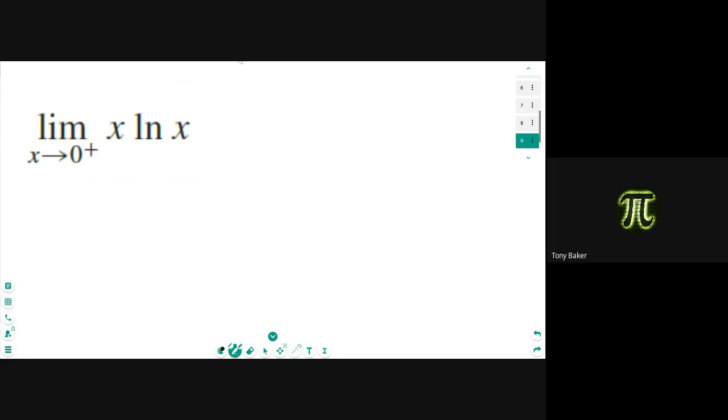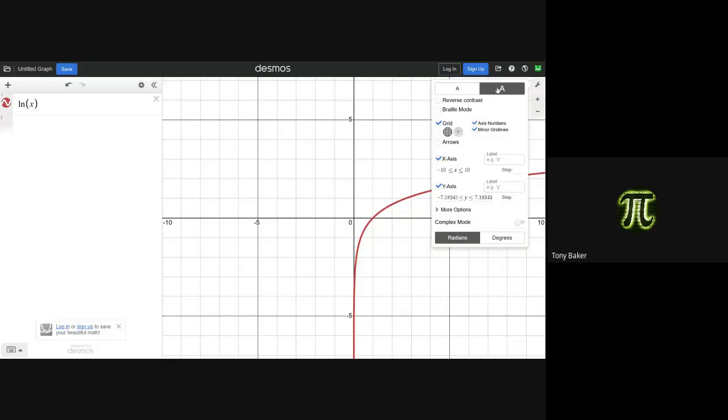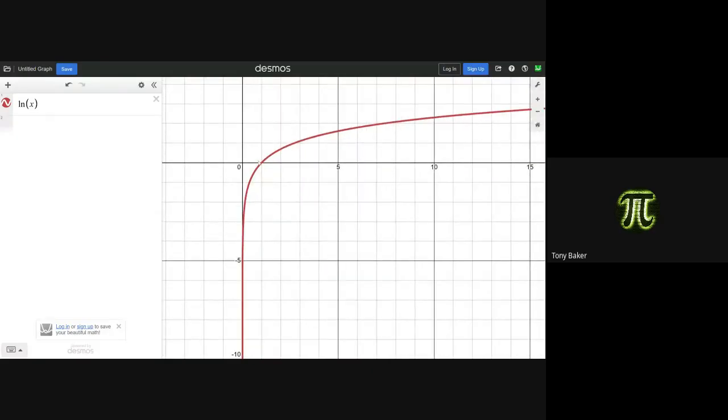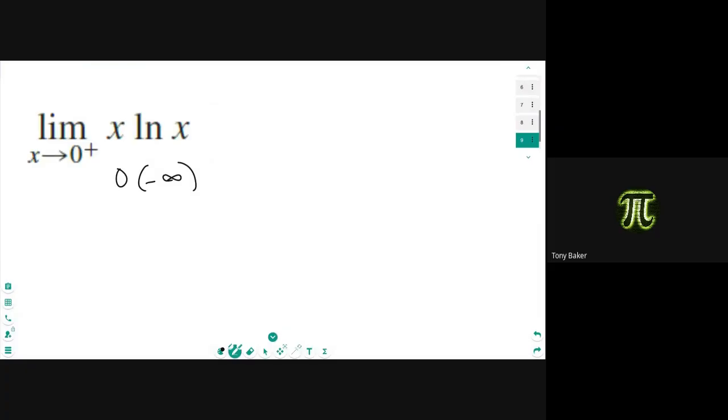If we look at the graph of ln of x, because you might not have looked at it in a while, as it's getting closer and closer to 0, it's going to negative infinity. So if we plug in 0, we have 0 times negative infinity, which is an indeterminate form.